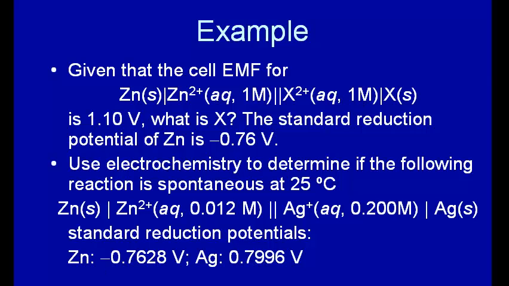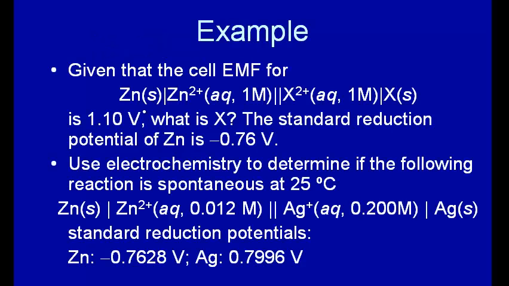Remember, let's go to the next slide here, that E0 is E0 of the cathode minus E0 of the anode. Okay, so if we go back here, oh look, we know what the anode is. It's zinc being oxidized. We don't know what the reduction is here. But we know what the cell voltage is.